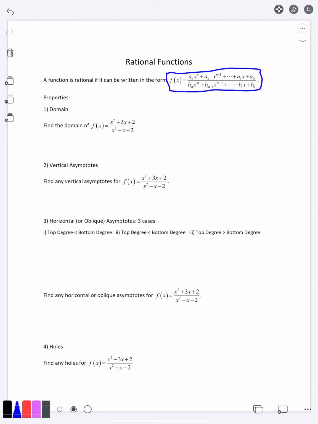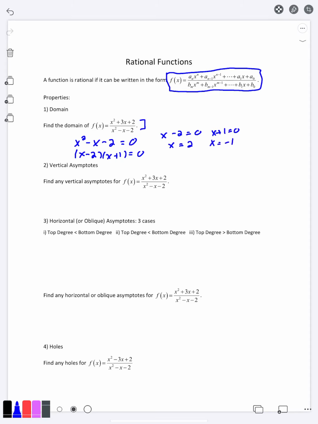So first things first, how do we find the domain of one of these? Well, we look at our fraction, and the only thing that can go wrong is dividing by 0. So we ignore the top part, take the bottom part, and ask ourselves, when would this give me 0? Then we solve it, generally by factoring. In this case, we get two different values of x.